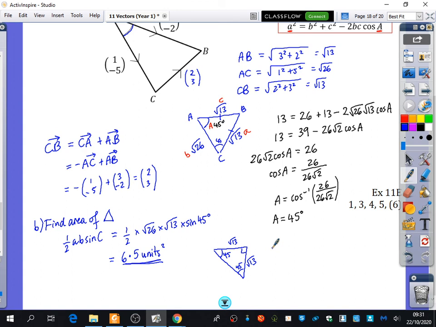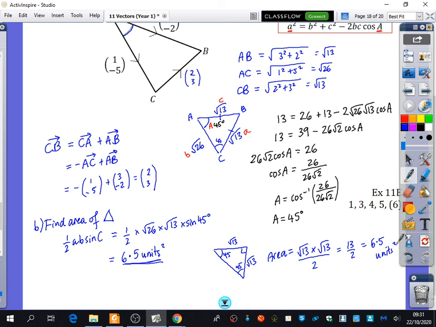And how do you find the area of that triangle? So the base is, the height is, of course, this is the base and this is the height. They're at right angles to each other. So it's just root 13 times root 13 over 2, which is 13 over 2, which is 6.5 units.